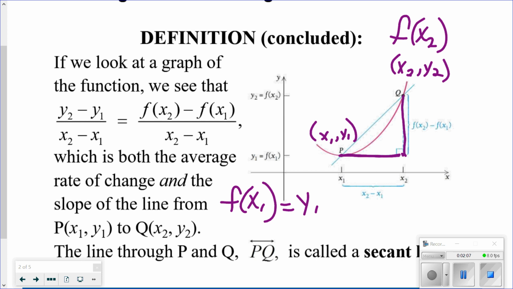It means that is the output when I put x2 into whatever our function is. So if we use the function notation instead, we can just change that same equation. We substitute in for y2 the f of x2 and for y1 f of x1. So we have f of x2 minus f of x1 over x2 minus x1. It is still slope. This is still our average rate of change between those two points.